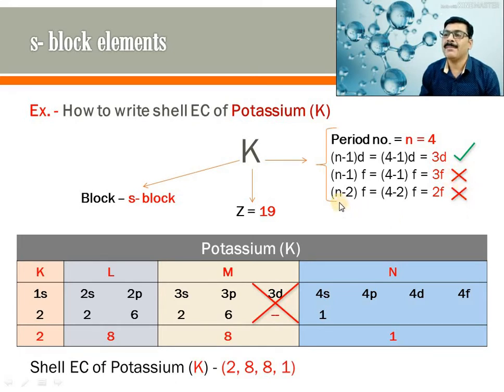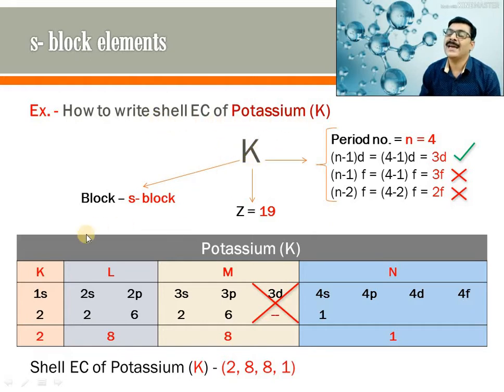Now then n-2 f, here 4 minus 2 f means 2f, and again here the 2f orbital is not present. Means out of the two things, n-1 d means 3d orbital you have to ignore for writing the shell electronic configuration of potassium.